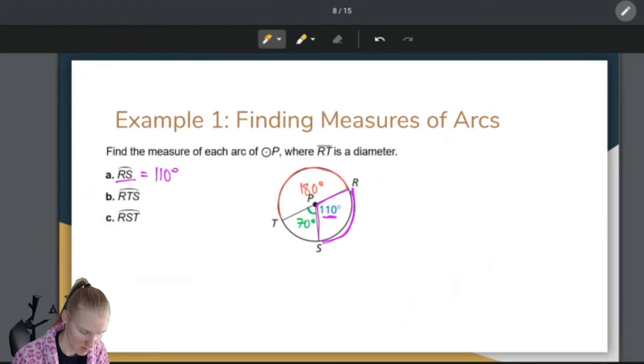Now RTS. You go in the same order as the letters do.